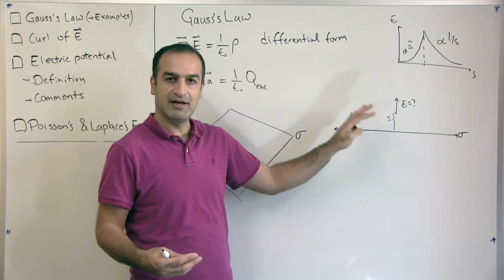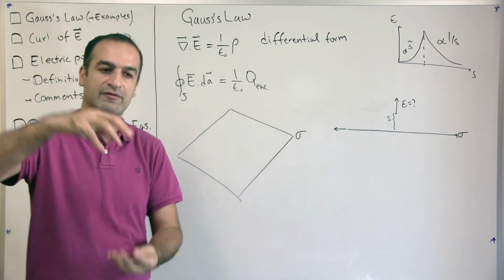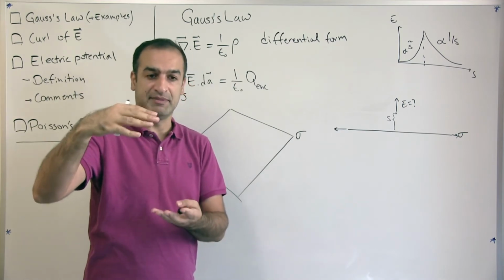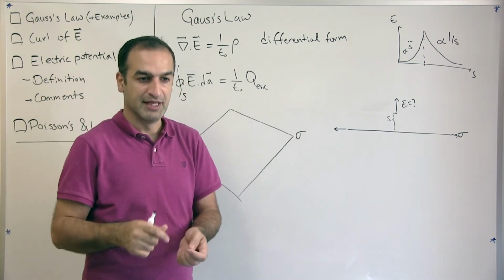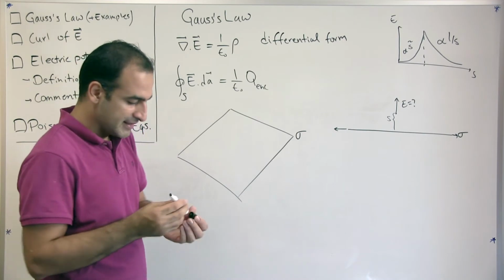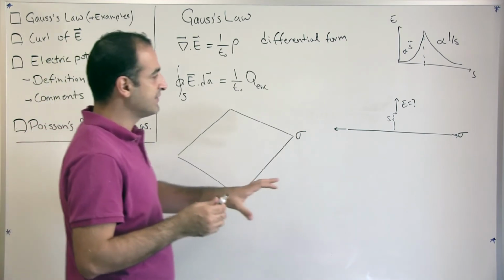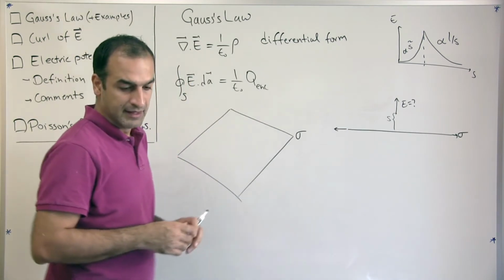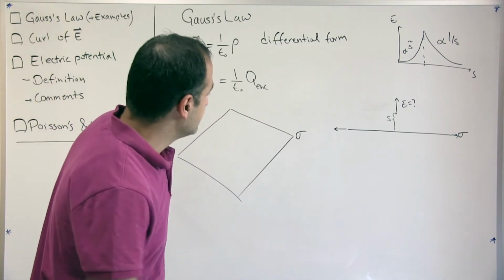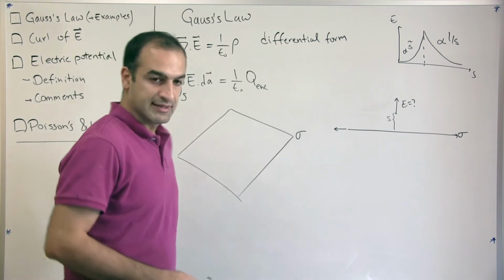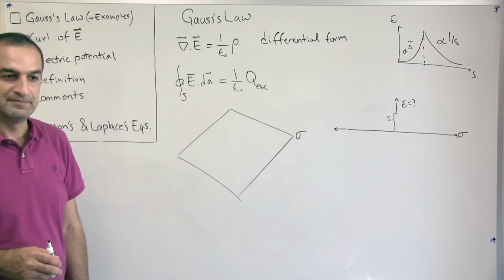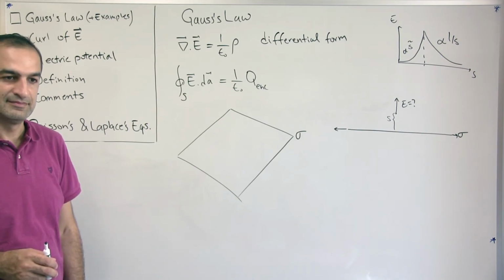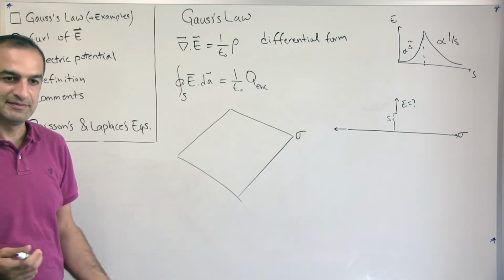I'm going to use Gauss law to show that no matter how far you are from the charged surface, the electric field remains constant. So let's look at the Gauss law and first choose a Gaussian surface, and then let's look at the electric field that we get from this. My question for you, how should I choose a Gaussian surface here? Something symmetric, right?